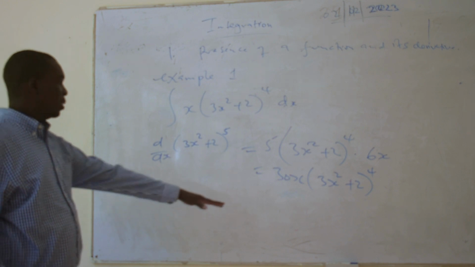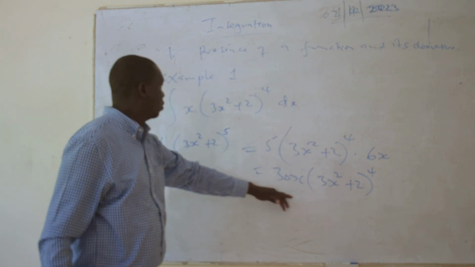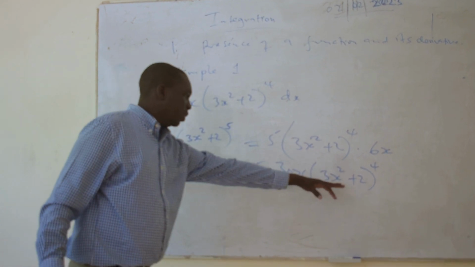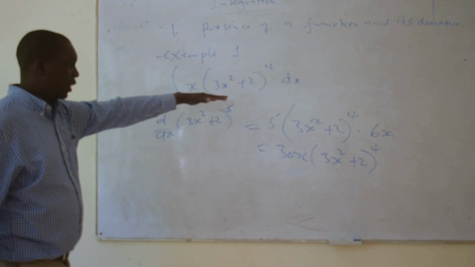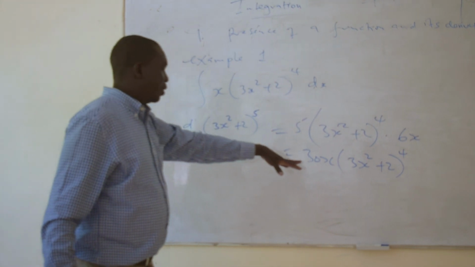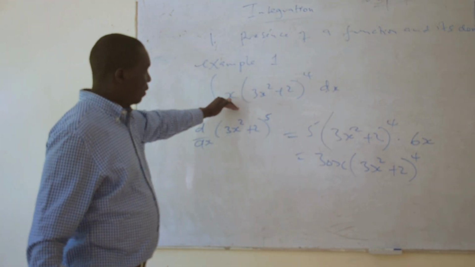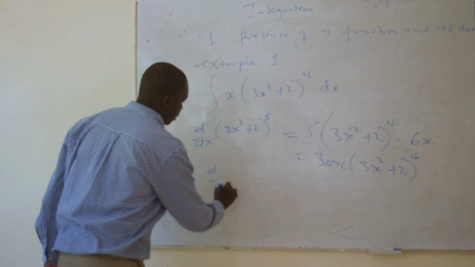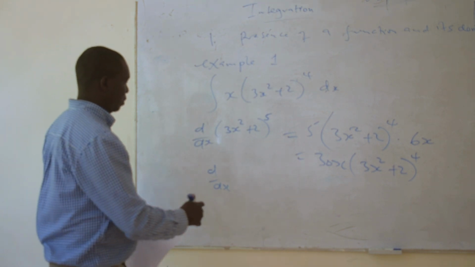Now, if you look at this equation, you realize that there is similarity between this and the integrand we had initially. The only difference is 30, which is a multiple here, and we don't have 30 in the integrand.